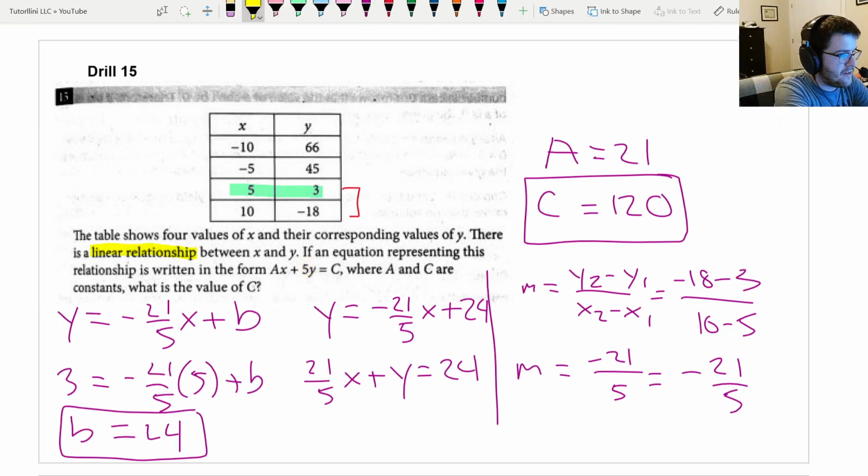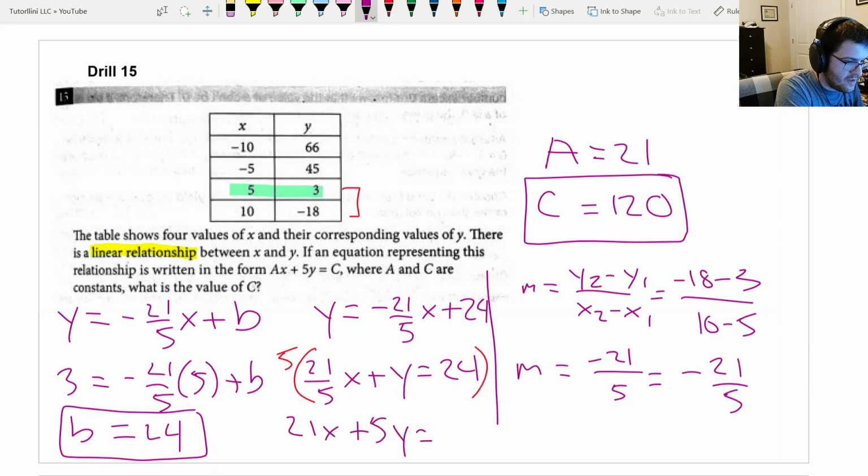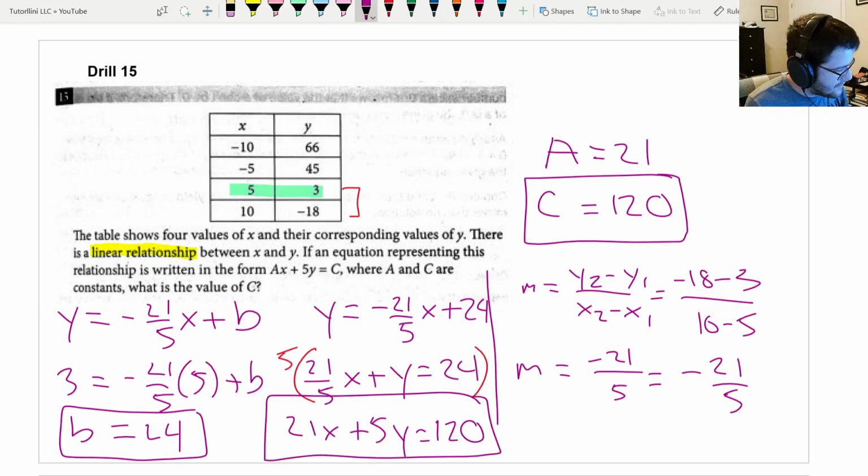So we're going to multiply by 5 to get rid of that 21/5. And we get 21x plus 5y equals, I don't know what 24 times 5 is, 120, which is exactly what we got before. I don't know if that was the fastest way to do it by hand, but doing it by hand wasn't the fastest way anyway.